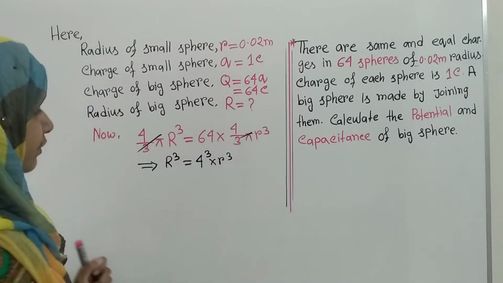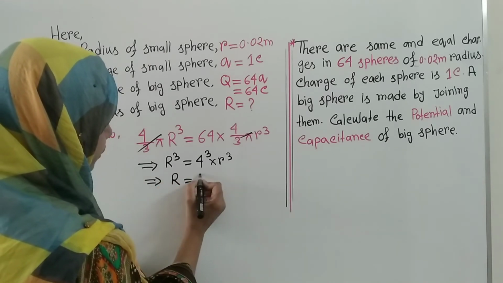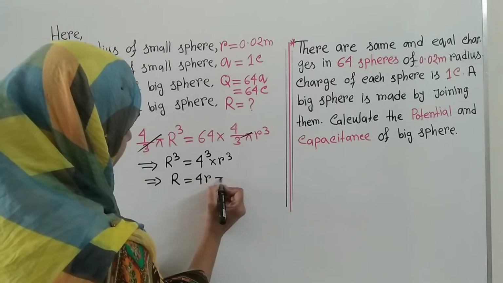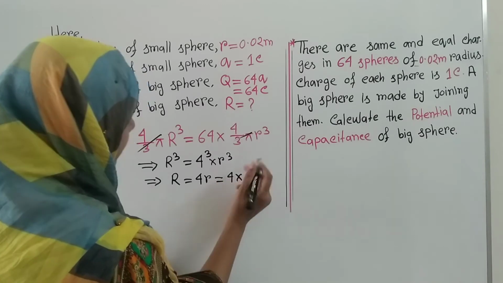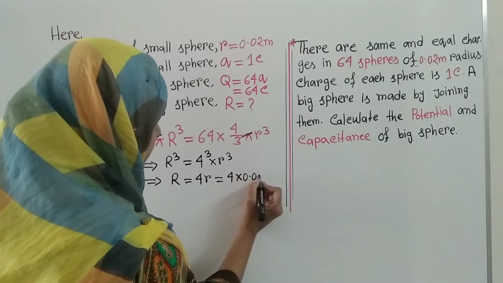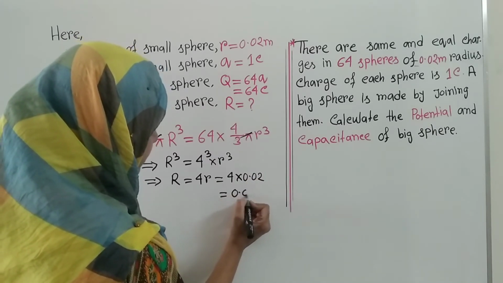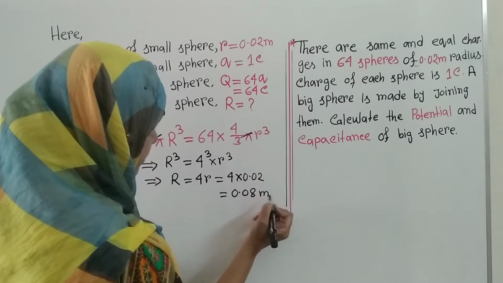So our equation will be R is equal to 4 into small r. Now the value of small r is given here, 0.02. So we will get the value of capital R as 0.08 meter.